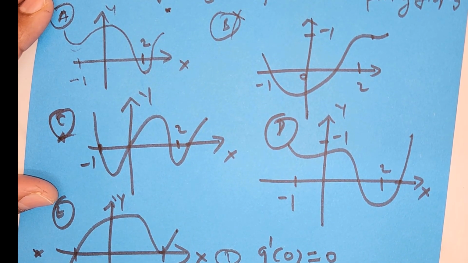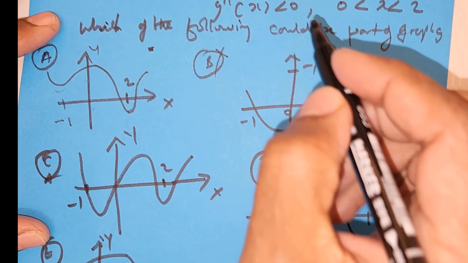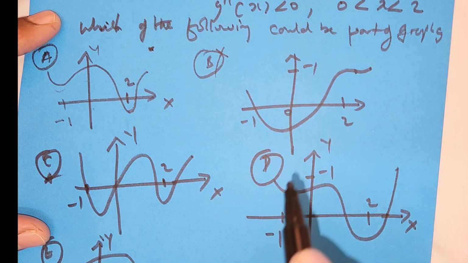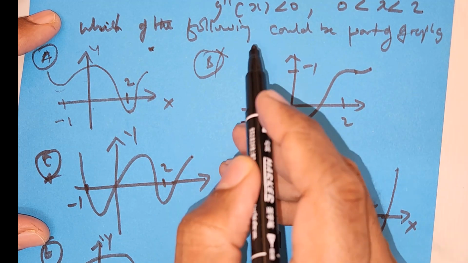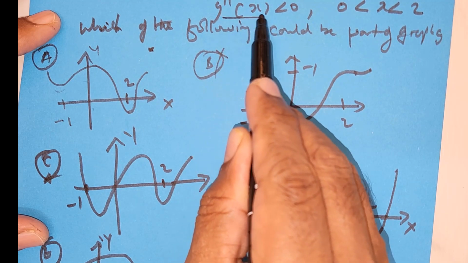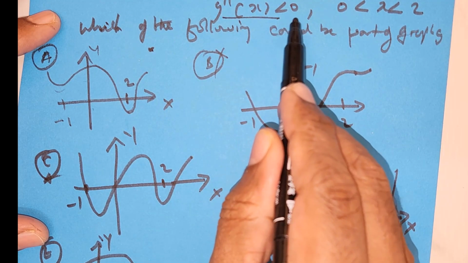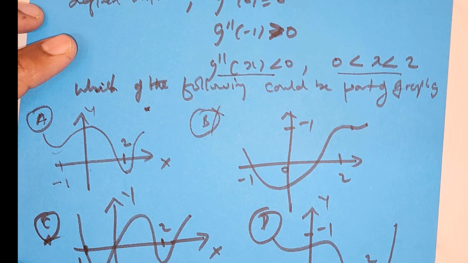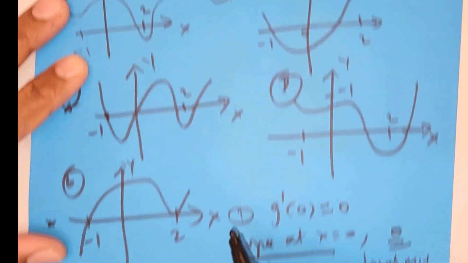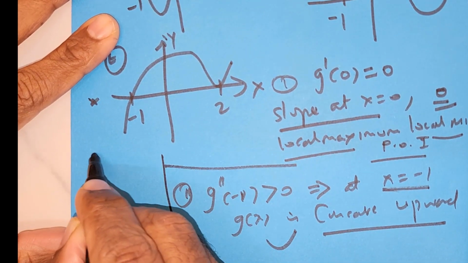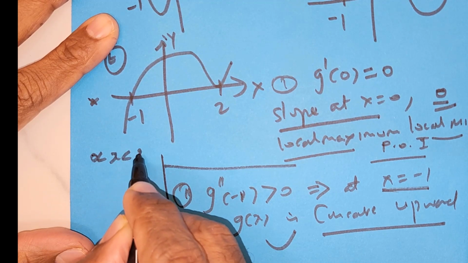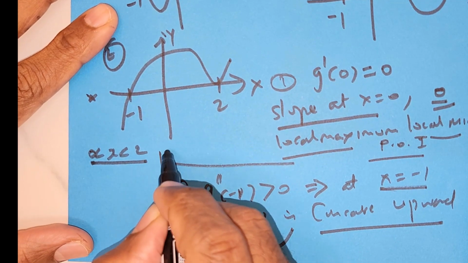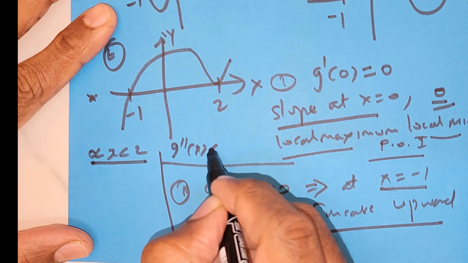Okay, fair enough. So let me go to the next point. Now what is the next point? Next point is g double dash of x is less than 0 for 0 less than x less than 2. So let's study that. Between the values of x lying in this interval 0 and 2, our g double dash of x is less than 0.